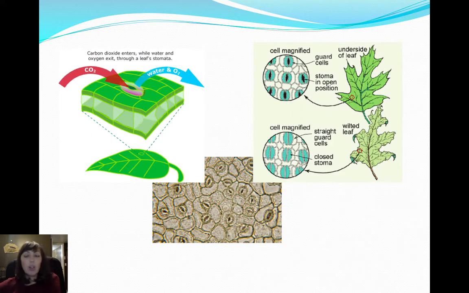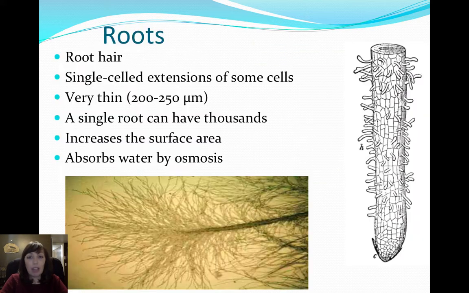All right, so stomata, as you should already be aware of, are the pore-like openings that are usually in the bottom side of a leaf. And this is where carbon dioxide enters while water and oxygen exit. And they're really important in the whole process of transpiration. They allow water and oxygen to escape as a byproduct of photosynthesis. And that's where, to a large extent, they're bringing CO2 in.